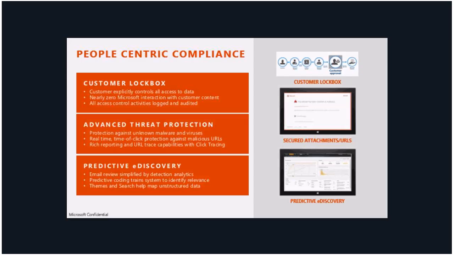You grant it. It is JIT and JIA, if you're not familiar with those terms, just in time access and just enough access, where it is timed, where Microsoft can only access your data for a certain allotment of time while they're helping you, and then when they're done helping you, it automatically times out.